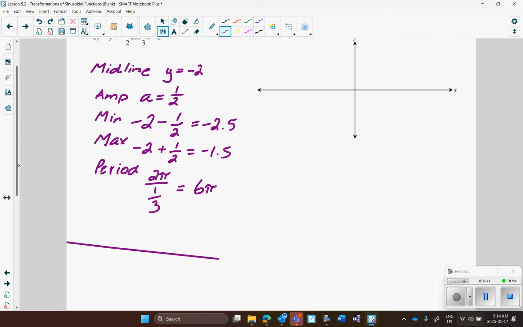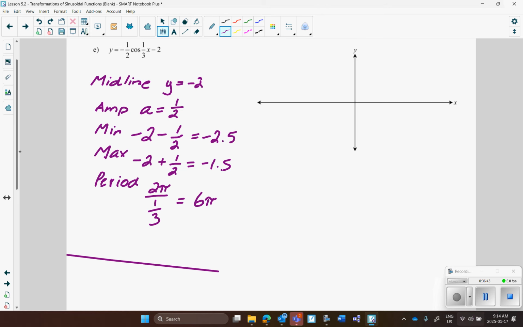Okay, and let's see what that looks like without the vertical flip. So we've got -2. We've got this is -3, this is going to be -2.5. And if this is -1, this is going to be -1.5. So we've got a pretty tight window here.